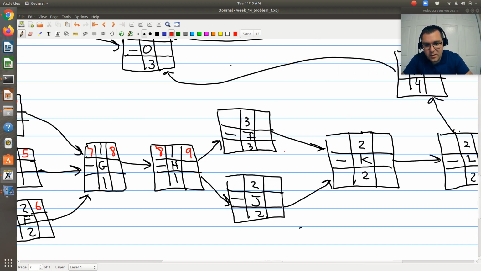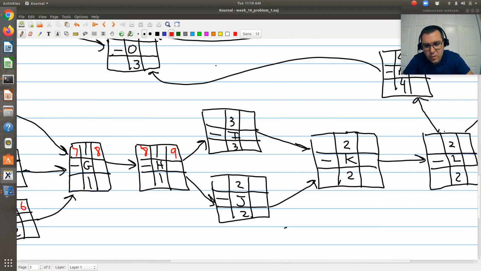I only has a precedence of H. So earliest possible starting time is 9, duration of 3, earliest possible finishing time is 12. J will be 9 and 11. Okay. K has a precedence of both I and J, and so it's going to be held up by the slowest process.